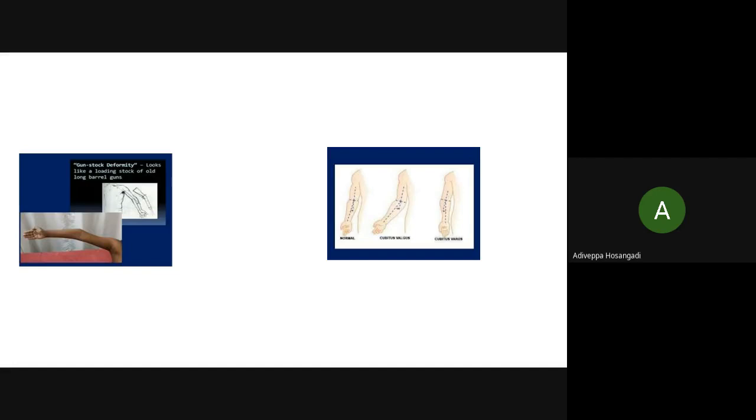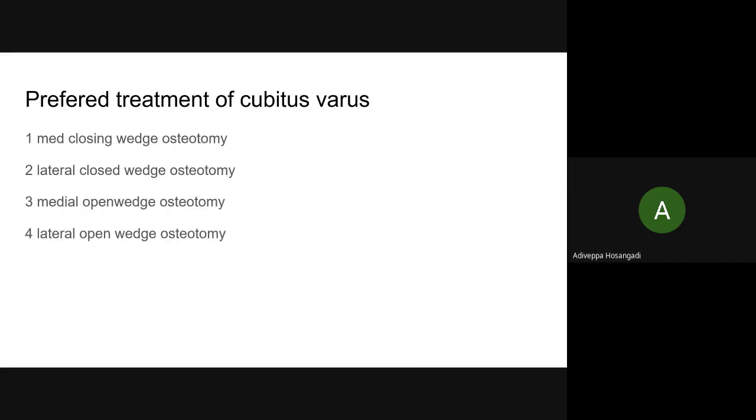Any malunited fracture more likely can cause a functional disability, but cubitus varus or gunstock deformity is more of a cosmetic deformity. So it need not be treated. It is treated only if the patient bothers you, and after the closure of the physis, because the chance of recurrence is very high. I'll come to that later.